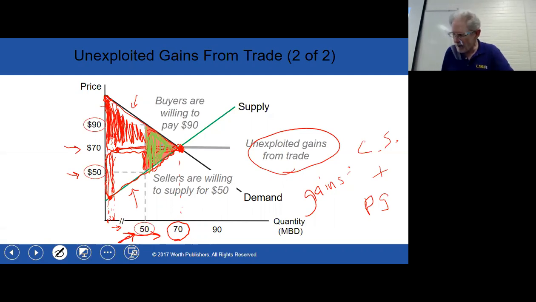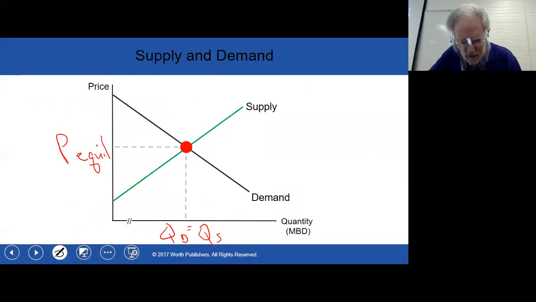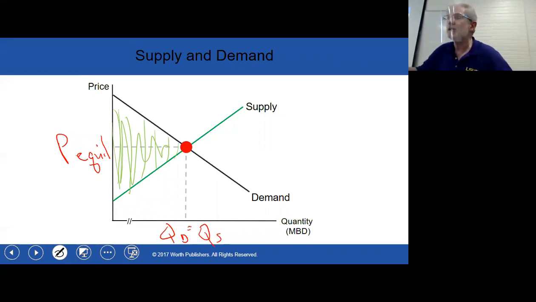And one of the purposes of a course like this is to help us understand the gains from trade so we can figure out what kind of policies the government can follow which will enable us to maximize those gains from trade. If we're in equilibrium, then the gains from trade will be at a maximum, which means consumer and producer welfare will be at a maximum.